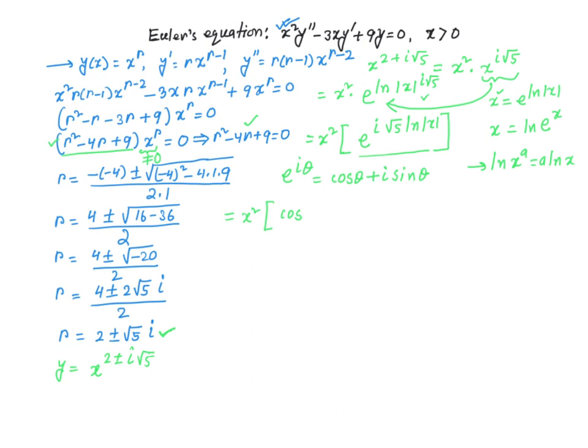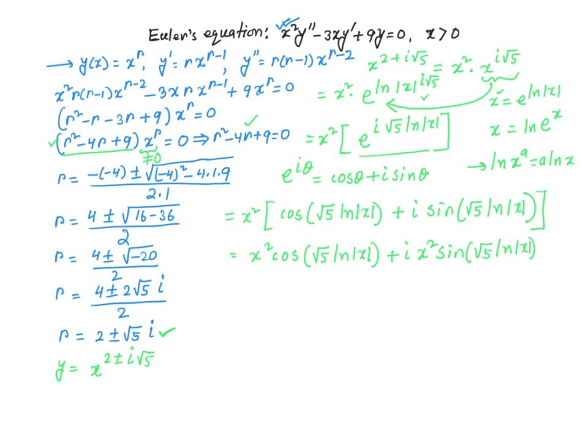So in our case, it's going to be cosine of square root of 5 times ln of absolute value of x plus i times sine of square root of 5 times ln of absolute value of x. And let's put it inside the square bracket. Now I just distribute the x squared. If I do that, I get the following.